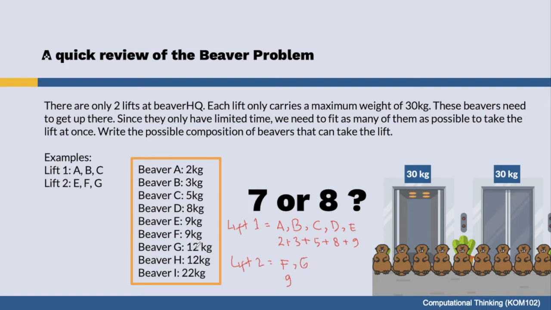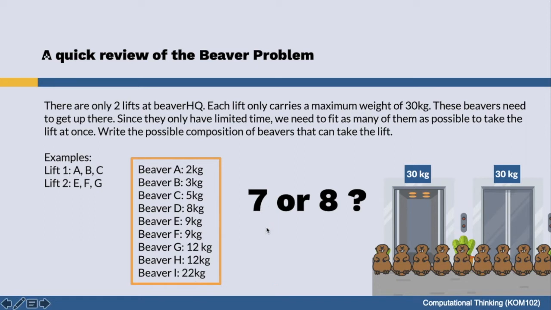G is 12, right? 12 plus 9 is 21, and we cannot add H. Cannot add H because it will exceed 30. So how many beavers do we have using this technique? 1, 2, 3, 4, 5, 6, 7. So 7 is one of the solutions for this problem.